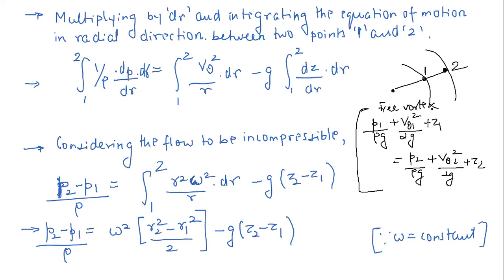Okay, then let me start from the very basics. For a forced vortex flow, I said the flow will be rotational flow. First of all, if I am moving along the streamline and I am saying the flow is steady, incompressible, and inviscid, then we all know that if we move along the streamline, the mechanical energy is going to remain constant.